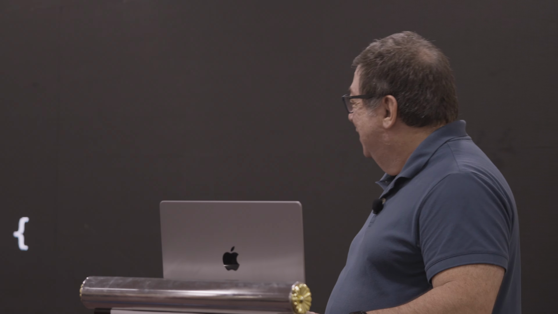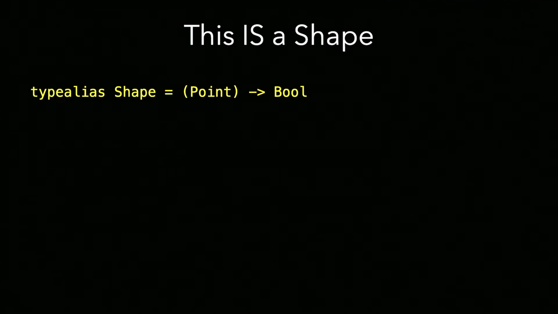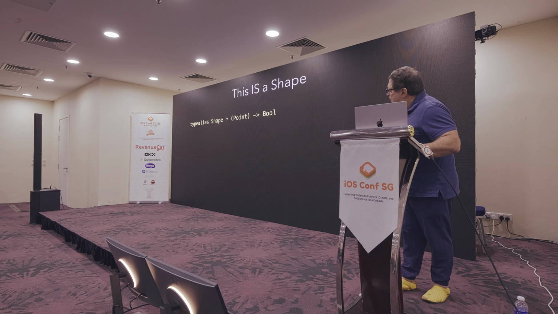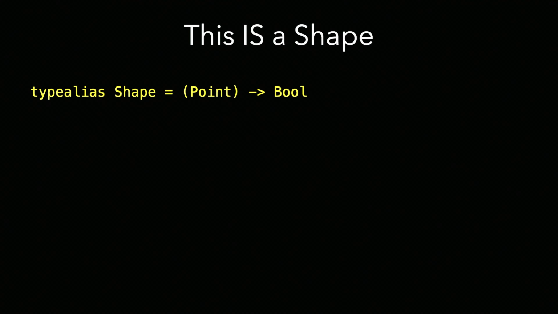Because in your mind, that's the shape. For a functional programmer, a shape is a function. It's a function that takes a point and returns, is this thing inside the shape or not? That's it. What are you messing with structs for? Well, how do I create a circle? A circle has to return a shape, and so a circle is a function.